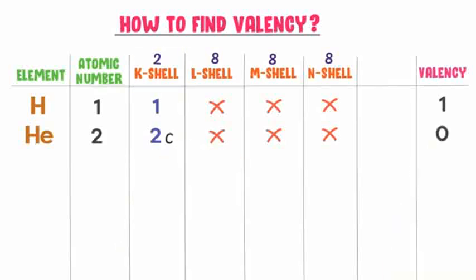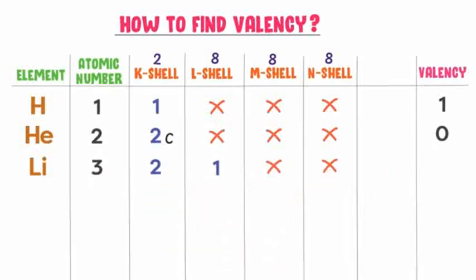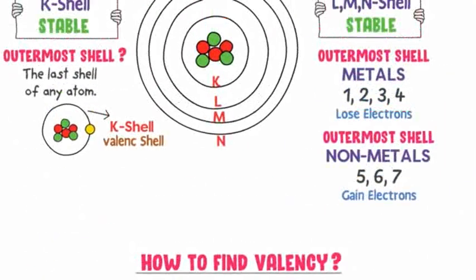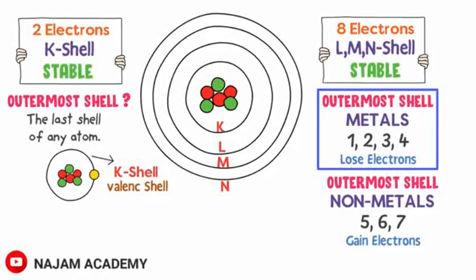The third element is lithium and its atomic number is 3. K shell can accommodate 2 electrons and 1 electron of lithium is present in L shell. The outermost shell of lithium is L shell. We have learned in the previous slide that if there is 1, 2, 3 or 4 electrons in outermost shell of any element, it is a metal.